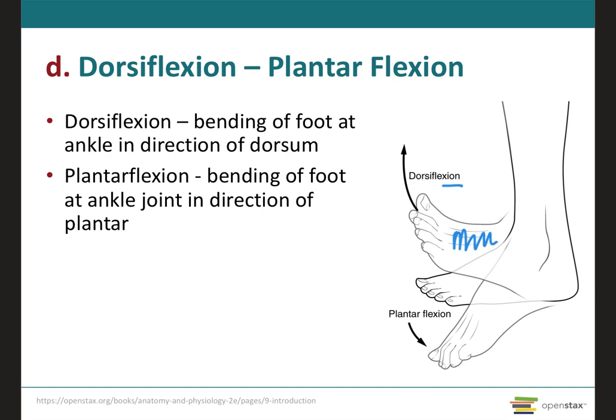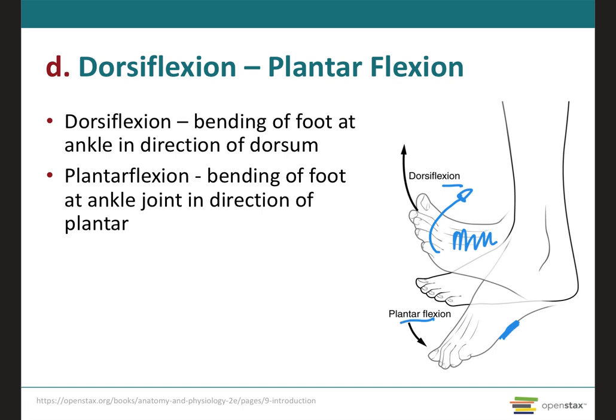So if you're doing a dorsiflexion, you're bringing your foot in this direction. Plantar flexion is the opposite. So you're bending your foot at the ankle joint in the direction of the plantar, which is the inferior part of your foot. Like if you're doing ballerina moves and you're standing up on your tippy toes, this would be plantar flexion.